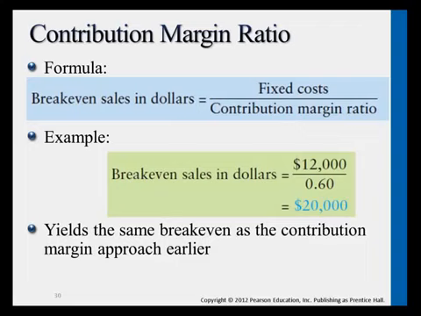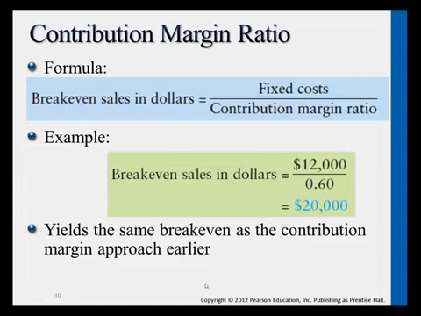So what does he need to do to break even? What Greg needs to do to break even is generate enough contribution margin at a rate of 60% of sales, so that he covers that cost.